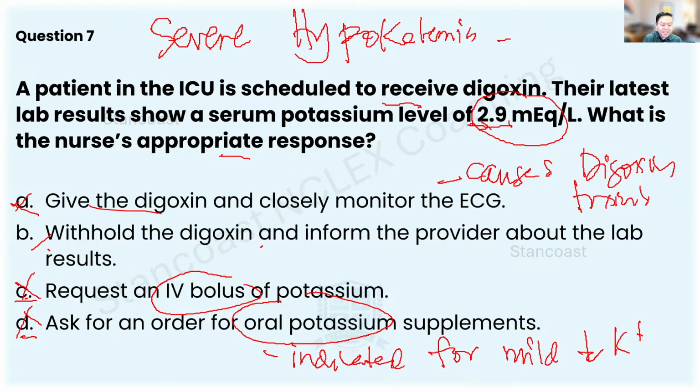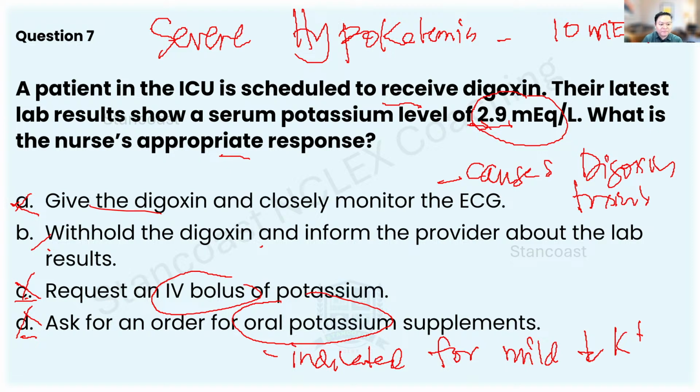We can increase their potassium safely by administering the IV potassium at a rate of 10 milliequivalents per hour. And it could vary. In some hospital settings, what they would usually want is 40 milliequivalents in an IV bag. The rate of correction here will be 10 milliequivalents per hour.